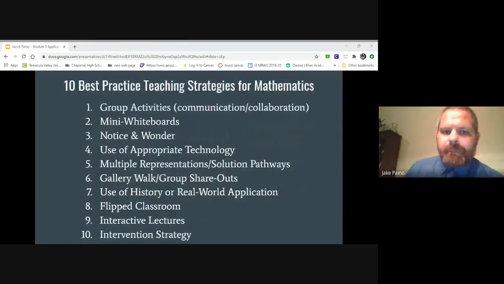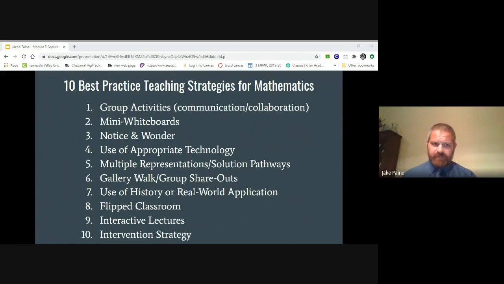So based on the standards of mathematical practice and the mathematical teaching practices, we have best practices within the classroom, teaching strategies. Here's a list of 10 that I like to use in my classroom that help promote the SMPs and the MTPs.